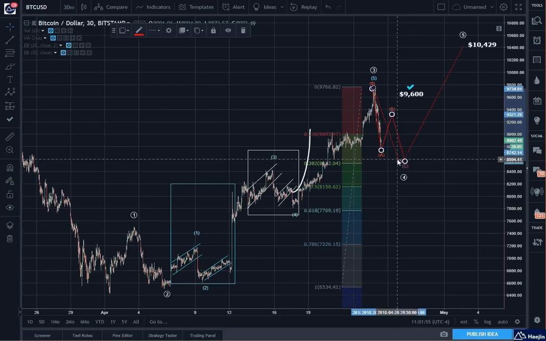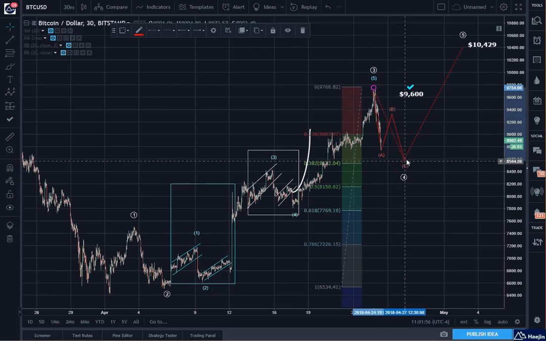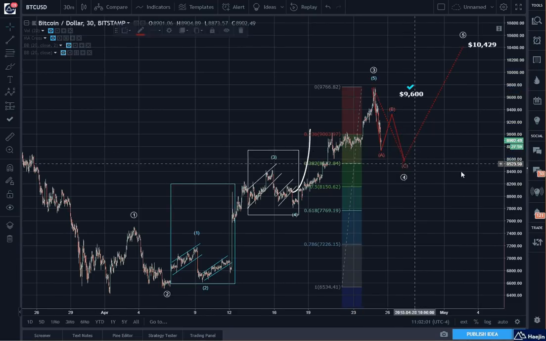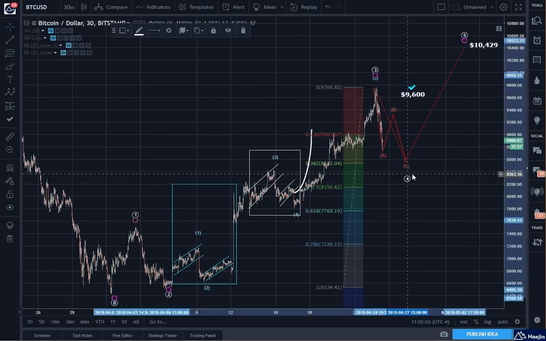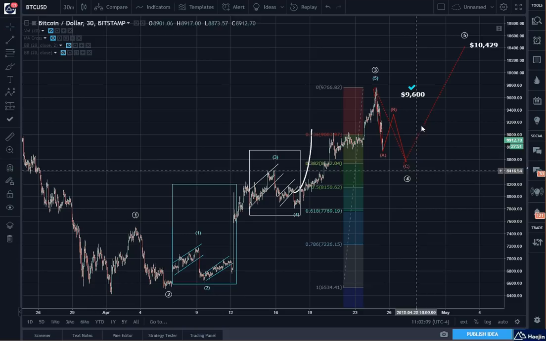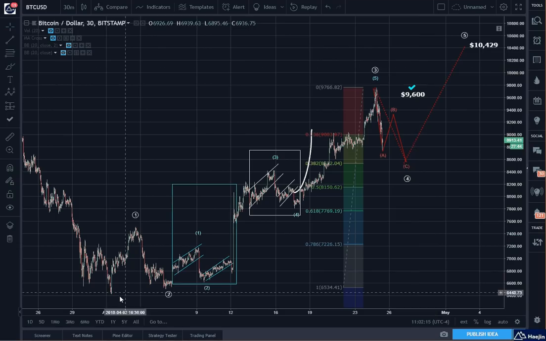And I think this correction could take the rest of the week potentially. Now there is another scenario where this could actually be 5, where the 5 could be here. But I don't think so. It'll be so disproportionate to 1.